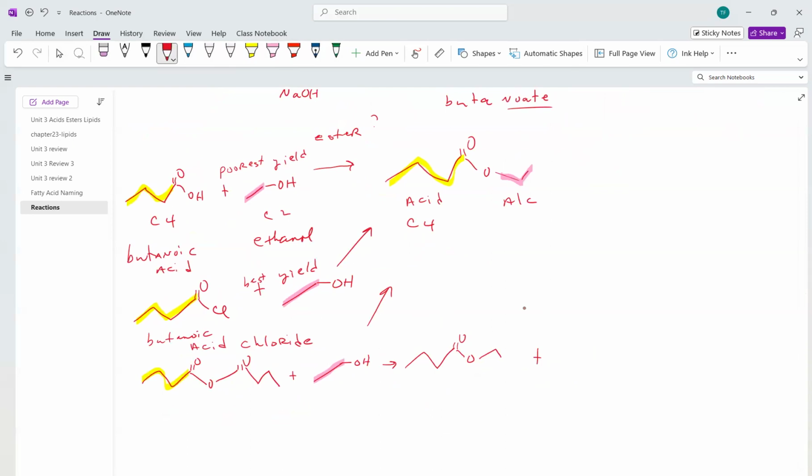Use the anhydride. Okay, we're going to call that butyl anhydride. When you use the anhydride, you make the ester plus the other half of the anhydride becomes an acid.